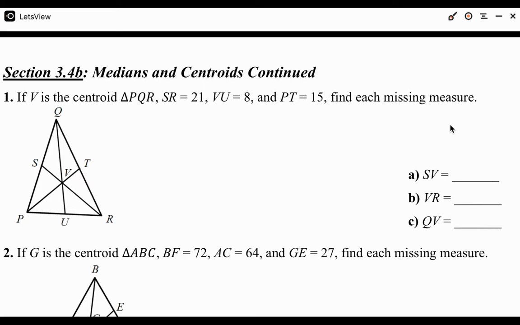So SR is 21. So that's this whole thing. VU is 8. So this little one's 8. And PT was 15. So with SV, we know that that is equal to 1/3 of 21.